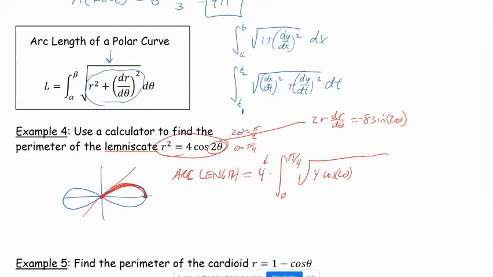And so dr d theta equals negative 8 sine of 2 theta over 2r. And that is negative 8 sine of 2 theta over 2 times the square root of 4 cosine 2 theta.